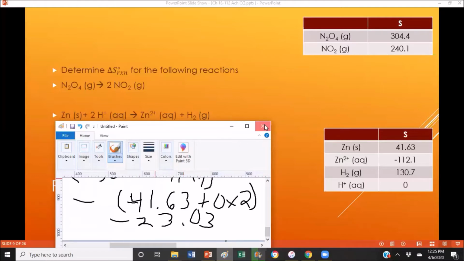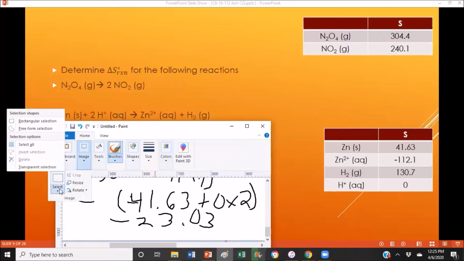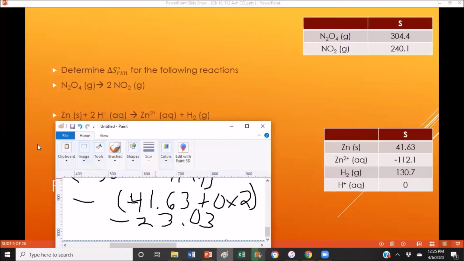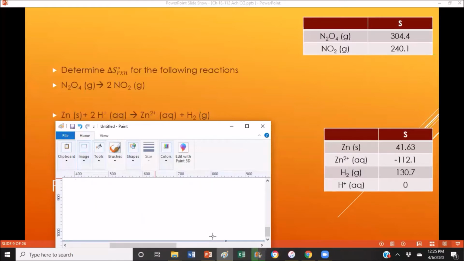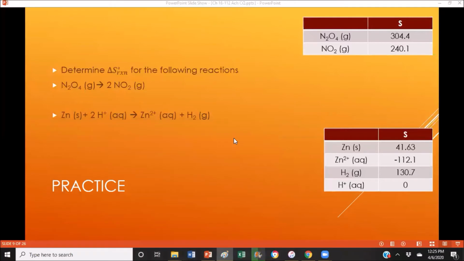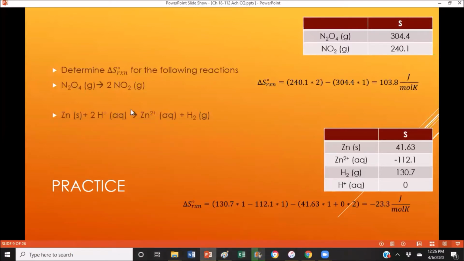So the net effect of this is a decrease in entropy for this system. This reaction will still happen, as we'll see. It will still be spontaneous, and we'll discuss why that is, even though the entropy of this system is decreasing.